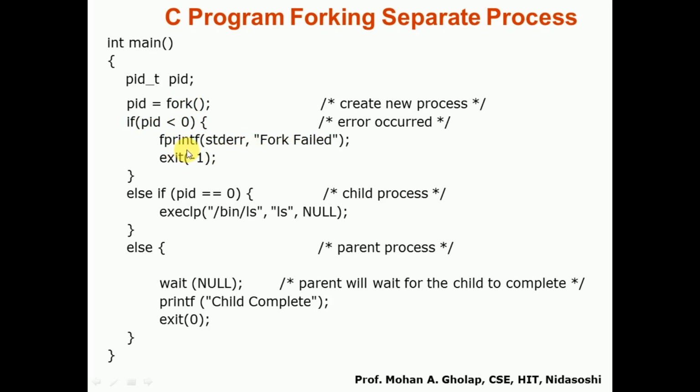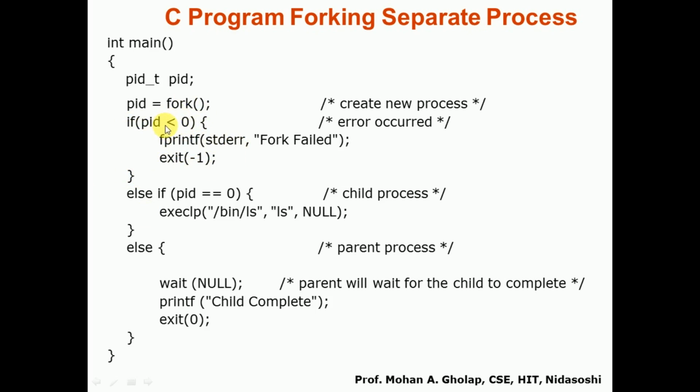We have one standard function, fprintf, which writes this message to the standard error file, and it will be displayed on the screen. As a result, you call exit(-1) to halt the execution of the program, and also to indicate the execution status as -1, that is, unsuccessful. This is the if scenario.